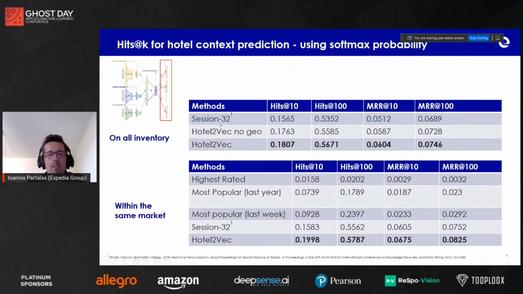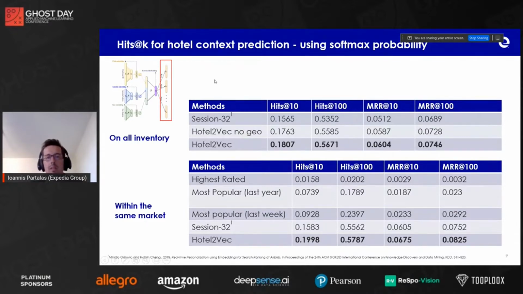And what I call session2vec basically is the model that uses only the click information, right? So this part of the model doesn't use the amenities or the geo information. And the way we do our validation here is that we evaluate based on the context prediction, which we apply across our full inventory, right? So we predict for all these 1.4 million properties.